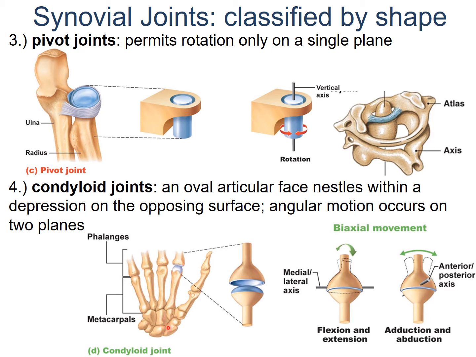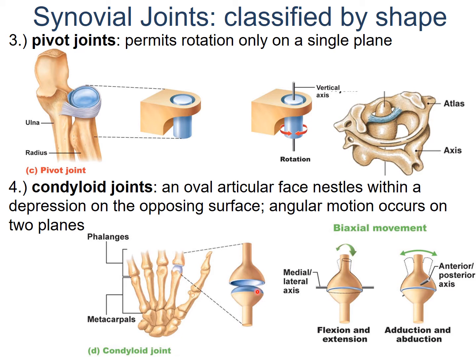Here's the carpal bones in the wrist, and then these bones called your phalanges, these are actually your fingers, okay? So in between the phalanges and the metacarpals are where you get condyloid joints. So this is a condyloid joint in blue, but this would also be a condyloid joint, and so is that one, and so is that one. So condyloid joints occur between the phalanges and the metacarpals.